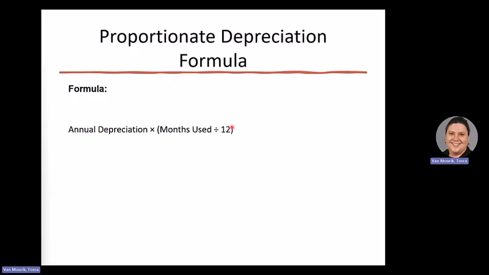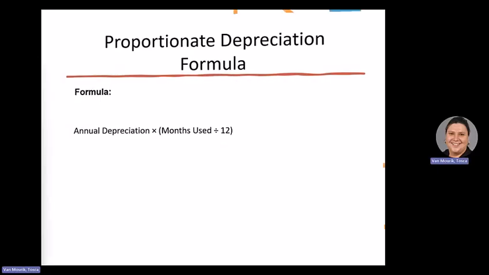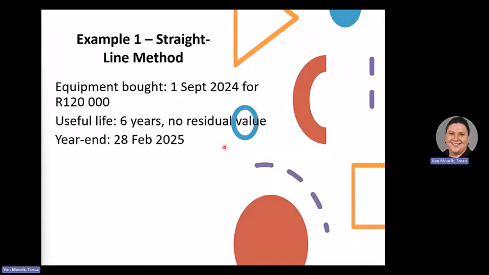But then we times it by the months that we have used it divided by 12. Alrighty, let's look at our first example, the straight line method. Our financial year end is 28 February 2025. We have bought this equipment on 1 September 2024 for 120,000.